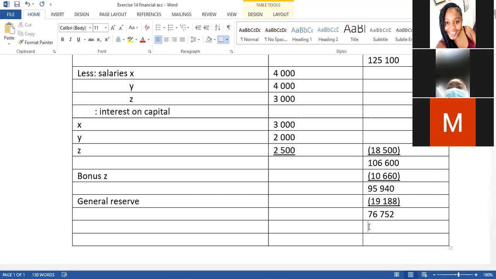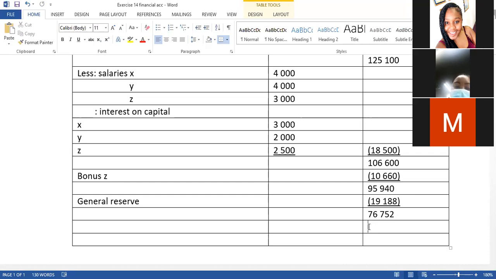That is the profit that the partners will share among themselves using their ratio, ne? Do you understand? Yes, sir, we understand.